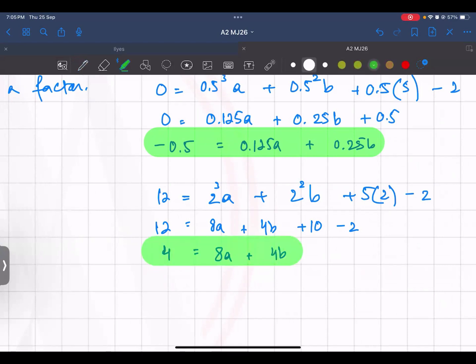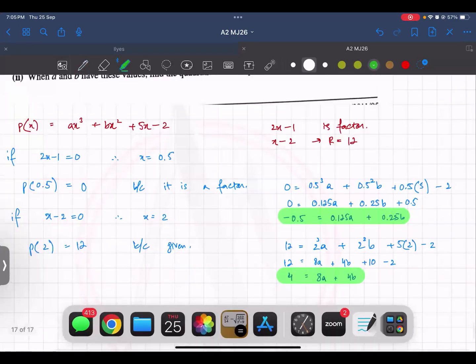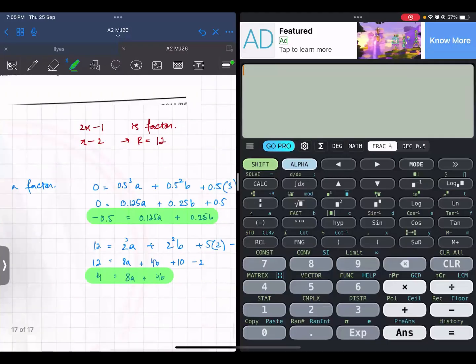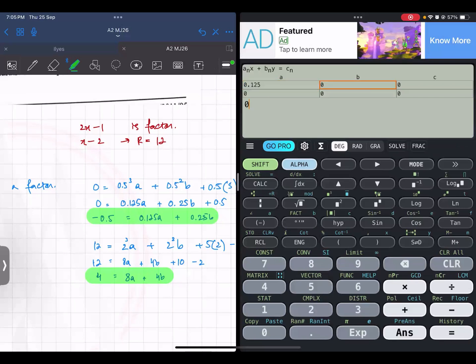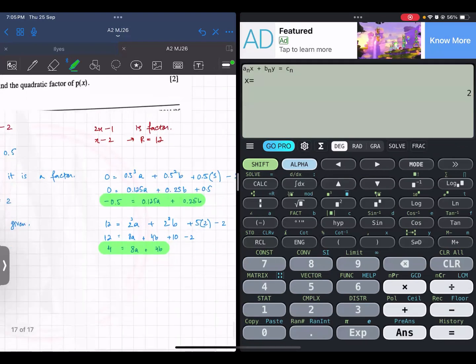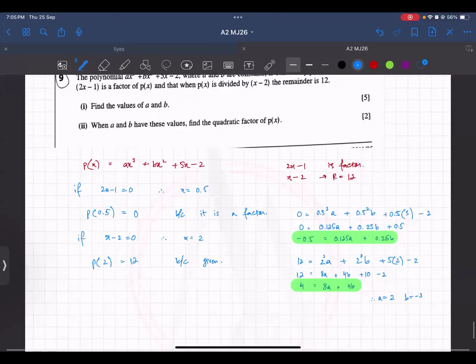And now you will solve them simultaneously. You can use your calculator. So 0.125, 0.25, and minus 0.5. Sorry, this is 8, 4, 4. So your value of a is coming out as 2 and b is minus 3. That's it. This is your answer.